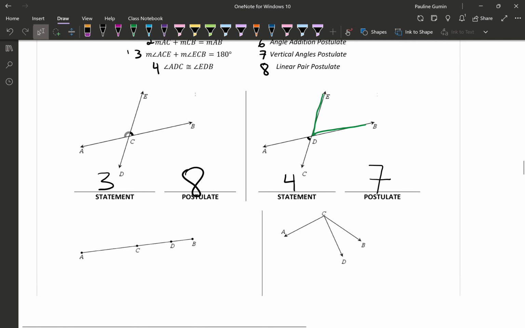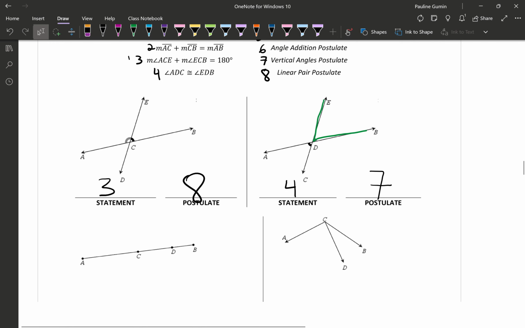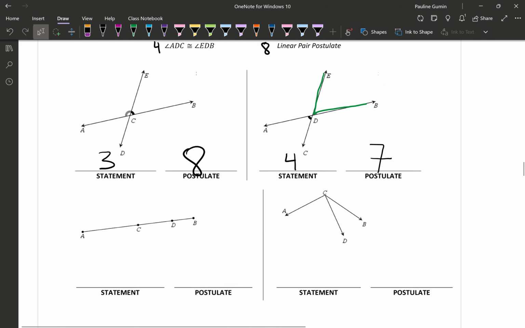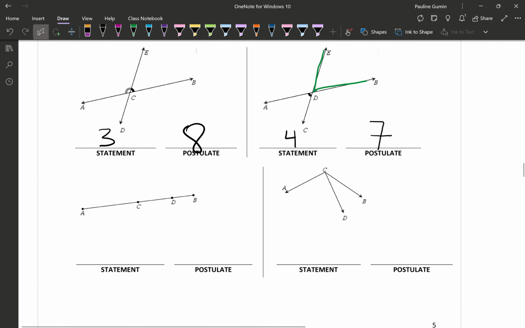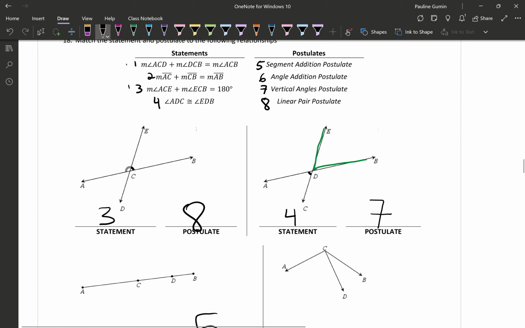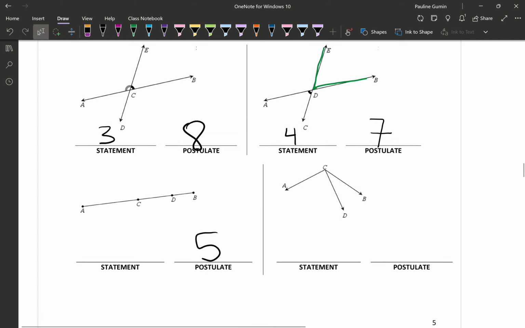All right. Next one, we got a line segment. I think picking the postulate that matches it is easiest. It's the only one that has the segment addition, so that's 5. For the statement, I can only pick the one that has line segments in it, which is statement number 2.